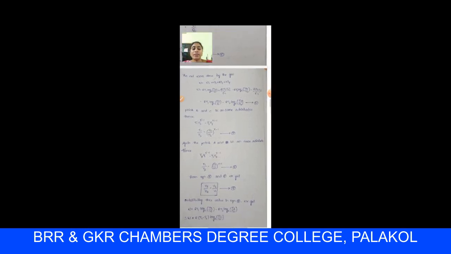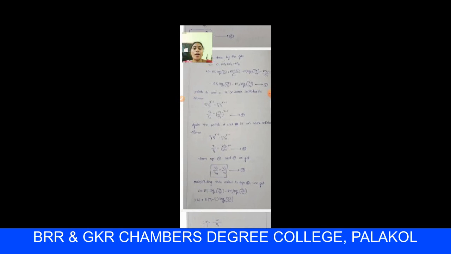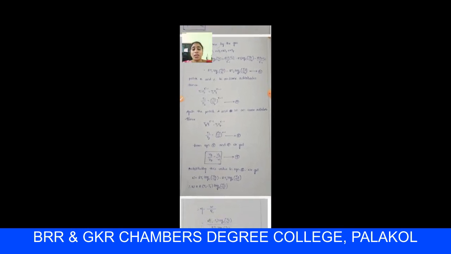Points B and C in the graph lie on the same adiabatic, hence we can write T1 V2 power gamma minus 1 equal to T2 V3 power gamma minus 1. By simplifying this, T1 by T2 is equivalent to (V3 by V2) whole power gamma minus 1. This is equation 7. Again, the points A and D lie on the same adiabatic, hence we can write T1 V1 power gamma minus 1 equal to T2 V4 power gamma minus 1.